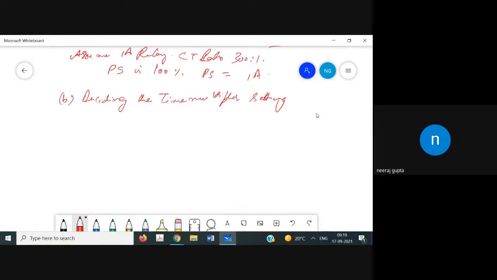So deciding the time multiplier setting, starting from the remote relay, that is RB. As you know, RB doesn't have to maintain selectivity with any other relay, so it can be made to operate fastest.